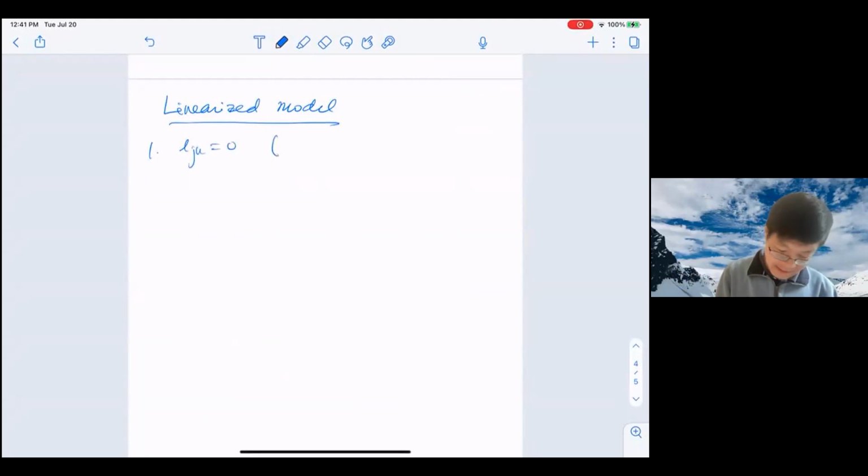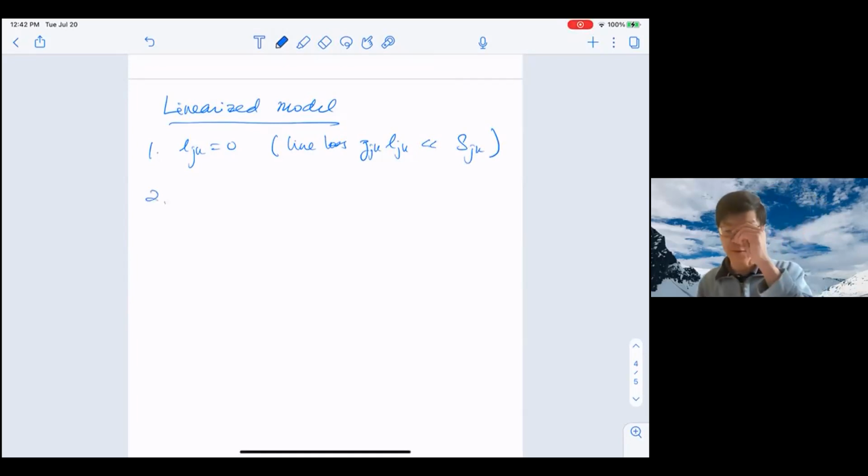So what it means is that the line loss, which is Z_jk, l_jk, is small compared with S_jk. Okay. Secondly, which is the key assumption for three-phase, is that reasonable? Seems okay, but it is an approximation.